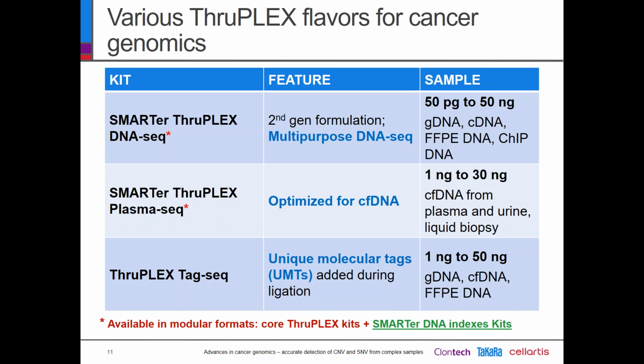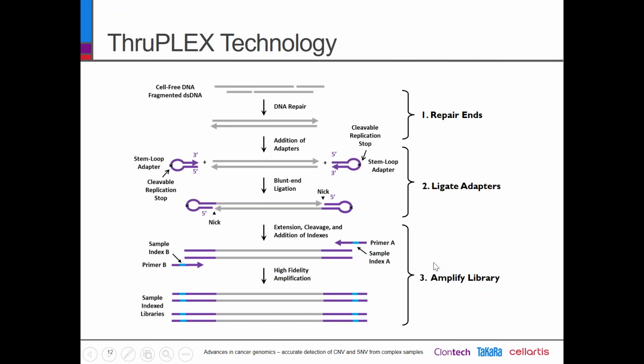We offer ThruPlex TAG-seq, which takes advantage of unique molecular identifiers inserted during the adapter ligation step, and we will see later on how it can help in getting accurate results. Here too, as you can see, it is able to work with a very minute amount of DNA.